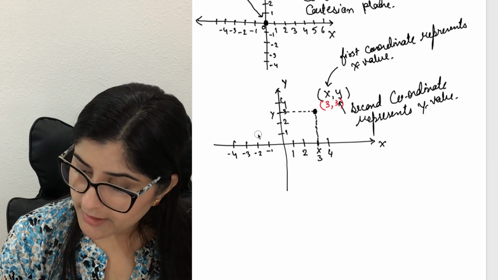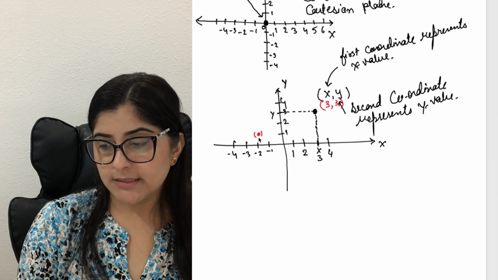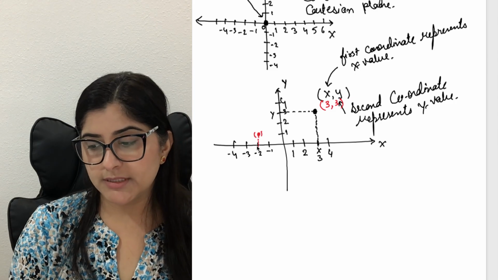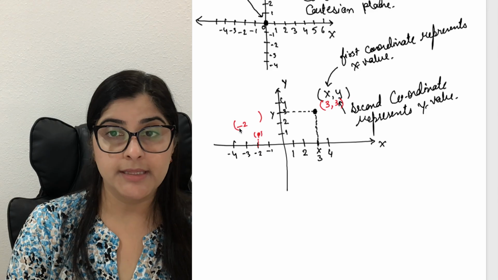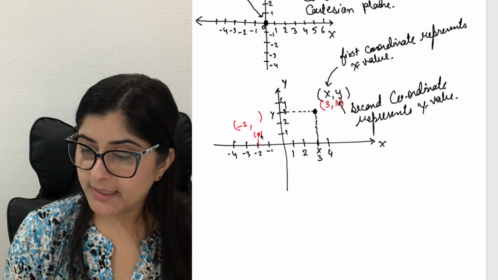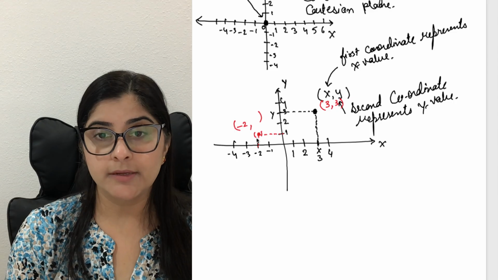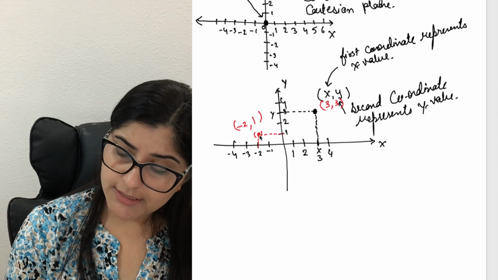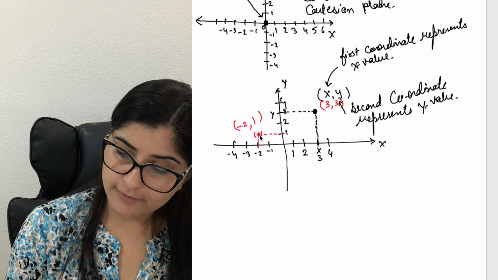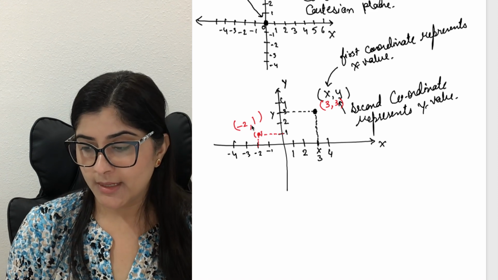And what will be the coordinates of this point? You see that the x value corresponding to this point is -2, so the first coordinate of the ordered pair will be the x value, and the second will be the y value. The y value is 1. So the position of this point in the xy plane will be -2 comma 1.